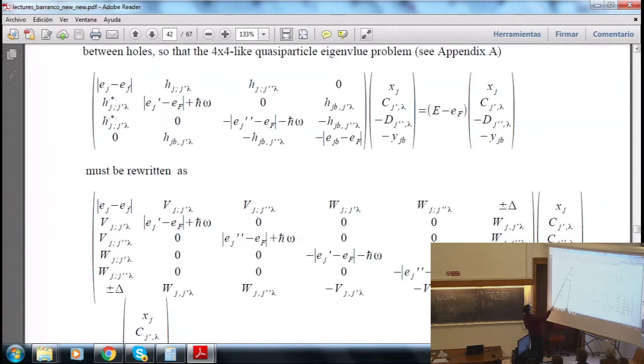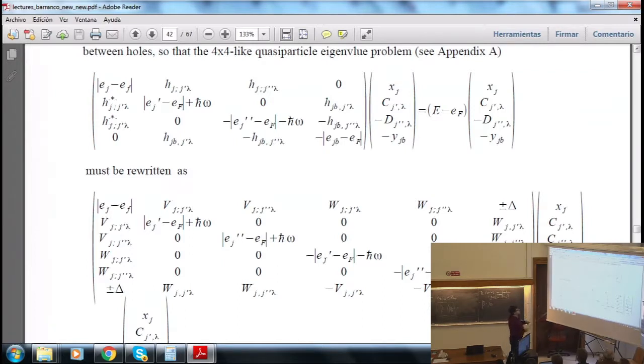You have to take into account that this is partially a particle phonon and partially a hole phonon. And in the same way, here we have the sector for holes. You cannot say anymore that this is for sure a hole phonon, but it could be, to some extent, a particle phonon configuration. So you have to double the possible configurations to which our particles can couple. But for the rest, the structure is exactly the same.